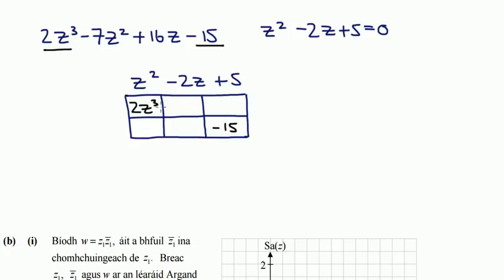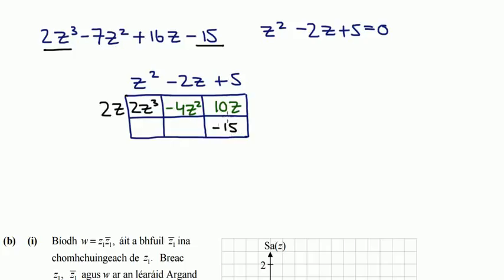So first looking at z squared, when I divide it into 2z cubed, I get 2z. And now I multiply 2z by everything on the top of the box. So 2z multiplied by minus 2z gives me minus 4z squared. 2z by 5 gives me 10z. Now I use my factors of minus 15.